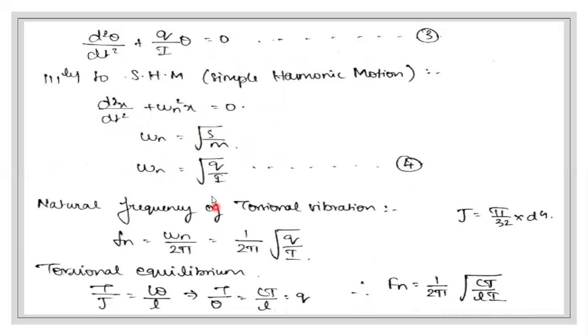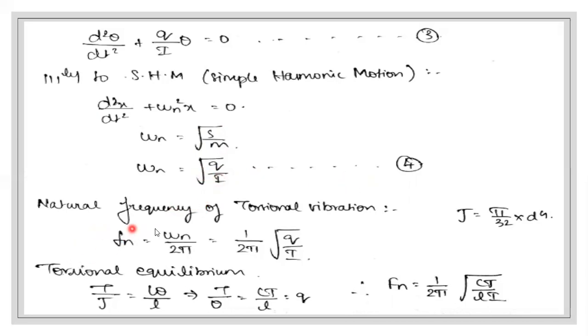So omega n is equal to root of q by I. Here we're going to replace the normal stiffness with torsional stiffness, and this mass m will be replaced by capital I. So this is what happens in torsional vibration. Omega n is equal to root of q by I, and this will be the fourth equation.